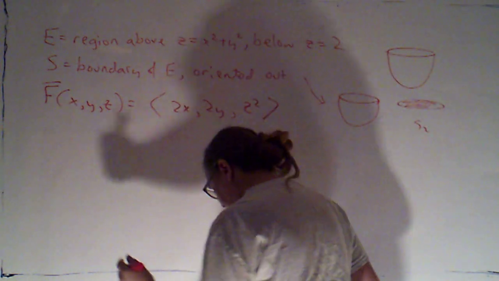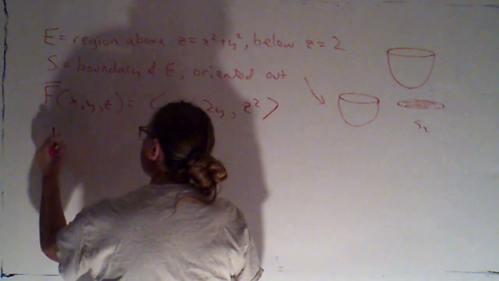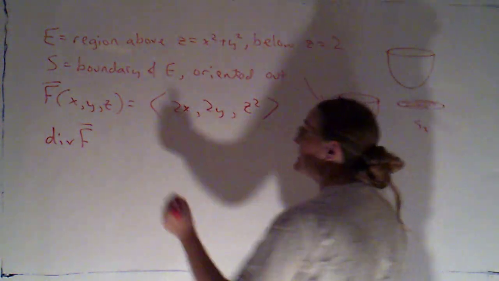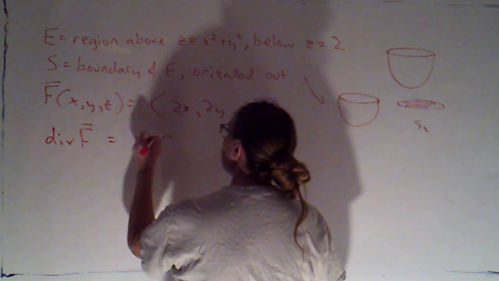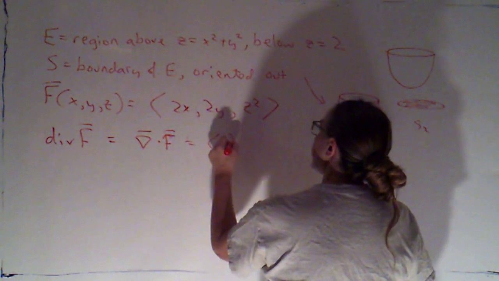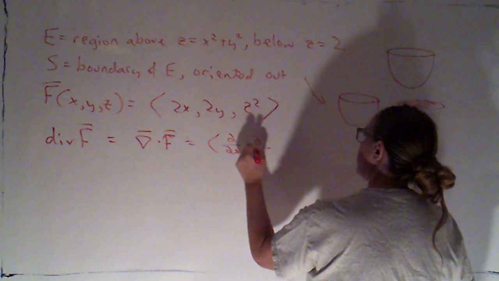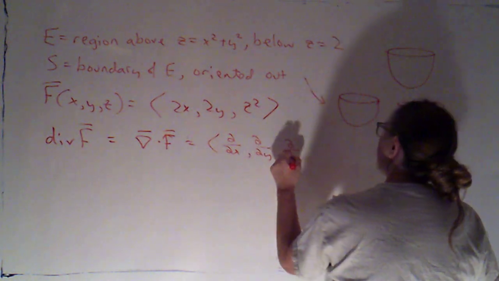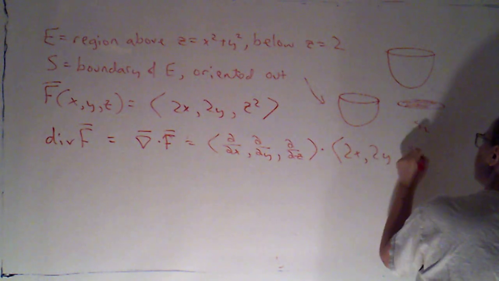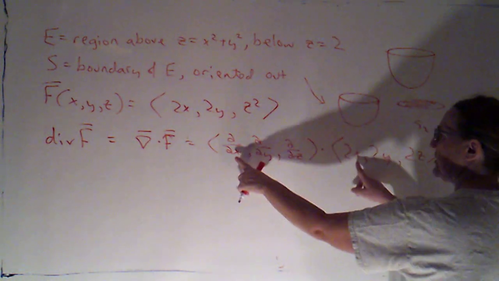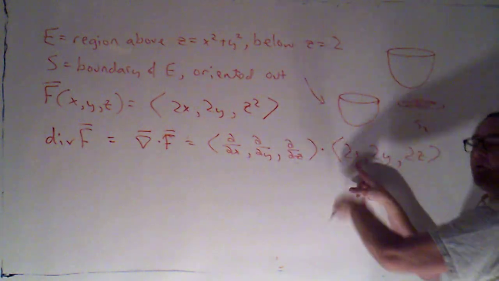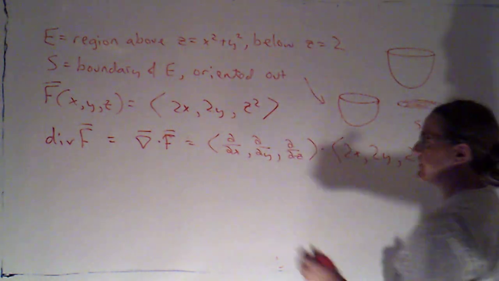If that's my vector field, the divergence theorem says I can just integrate the divergence over that enclosed region E. The divergence of F, remember, is del dotted with F. So that's partial x, partial y, partial z, dotted with 2x, 2y, 2z. Of course, we aren't literally multiplying these operators by these functions, but we can apply an operator to a function.